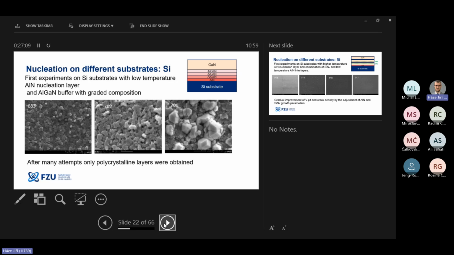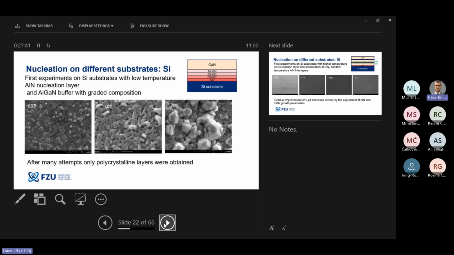So we first tried the traditional methods to produce gallium nitride on silicon. We have developed technology on silicon and silicon carbide. On silicon, it was quite tough for us, and we couldn't get a nice flat surface. You have to grow aluminum nitride first, so as not to etch the silicon by gallium.